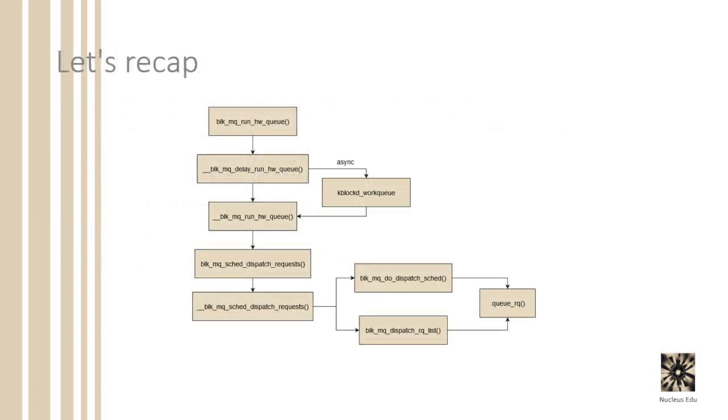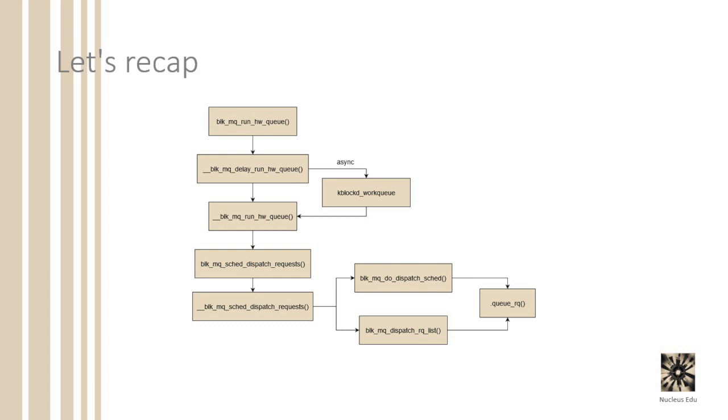So we're going to recap a little bit for the hardware queue run loop here. It starts with this central function block MQ run hardware queue, and that calls this block MQ delay run hardware queue, and both of the paths here end up in this block MQ run hardware queue function, either directly, or if it is called async, then there's a work queue daemon called kblockd, and it goes through this, but it ends up in the same function.